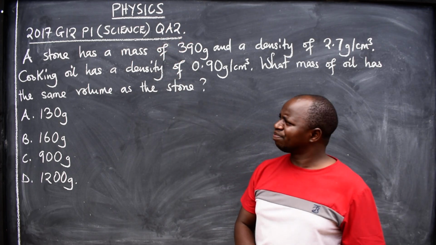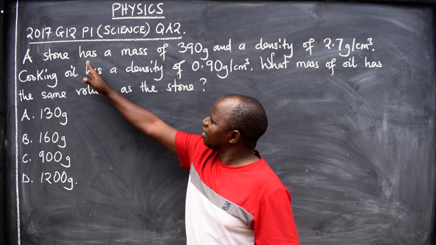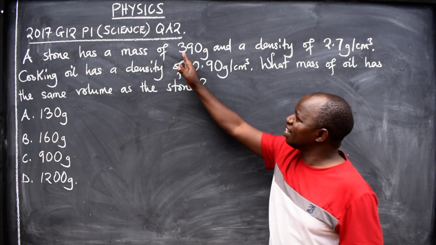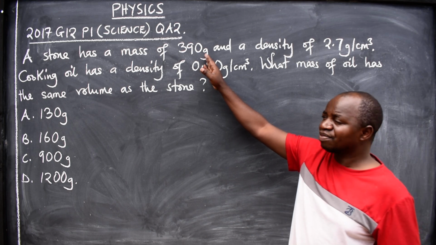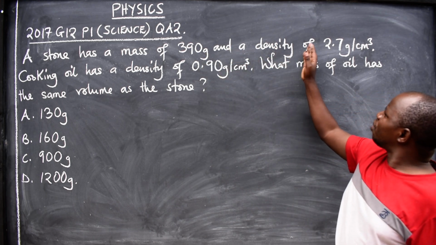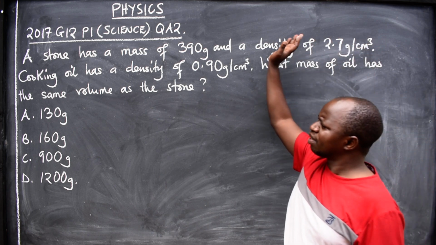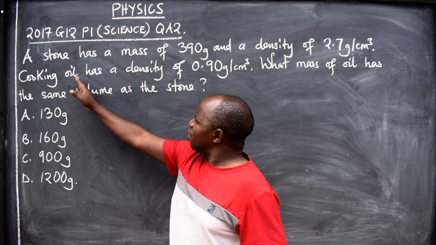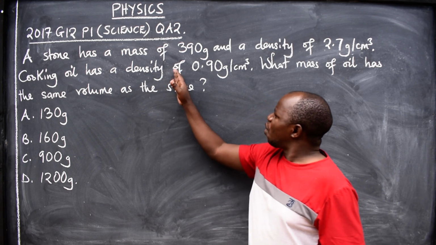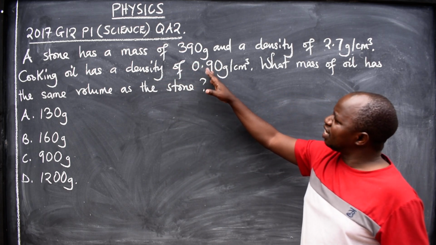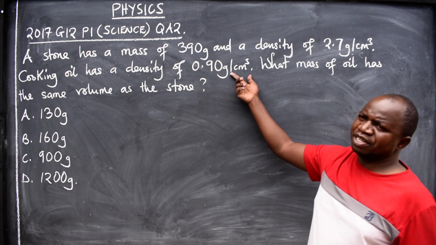Now the question: a stone has a mass of 390 grams and a density of 2.7 grams per cubic centimeters. Cooking oil has a density of 0.90 grams per cubic centimeters.